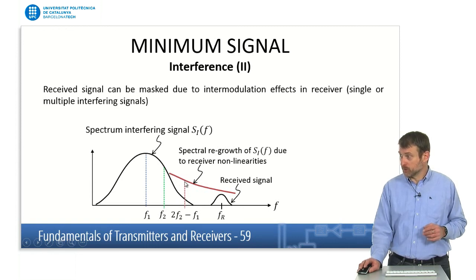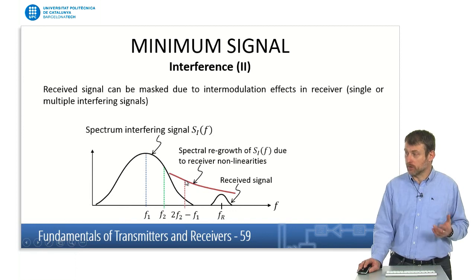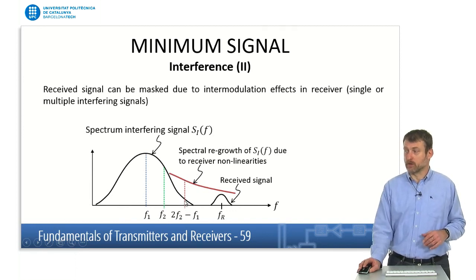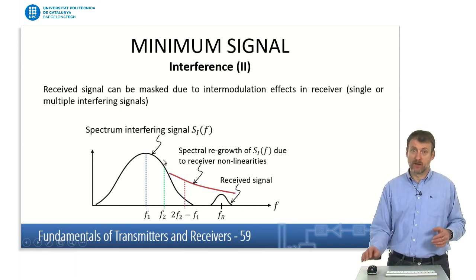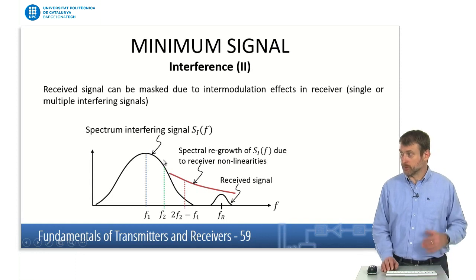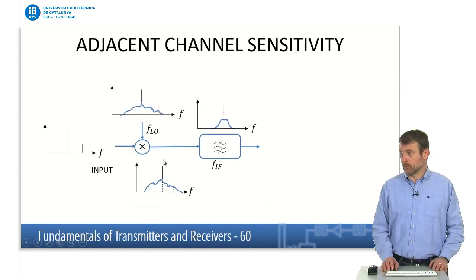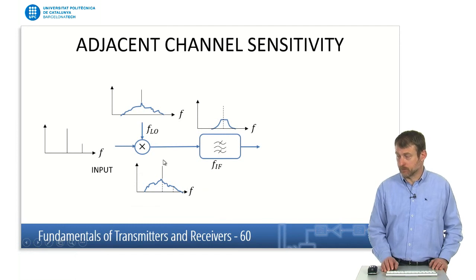The spectral content at this frequency is much stronger than it would be otherwise. In other words, there's some spectral regrowth of the interference due to the receiver nonlinearities, and that can also mask our received frequency.